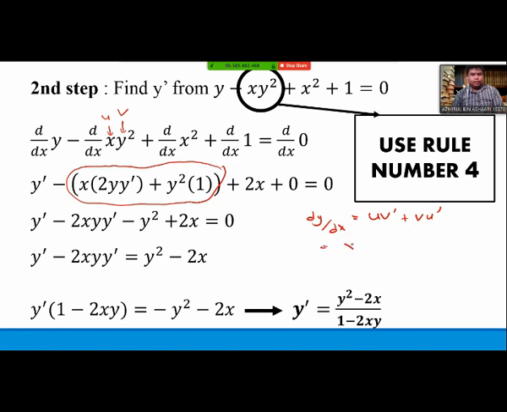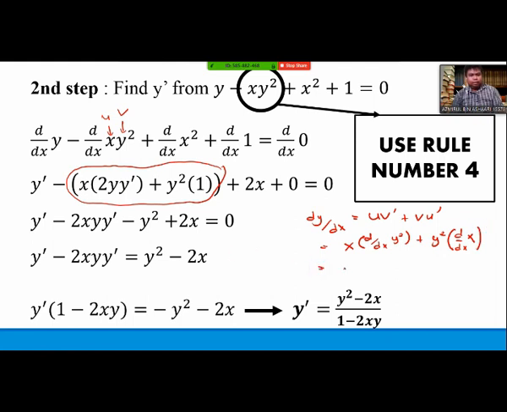u is x and v prime, you need to differentiate y squared, d dx of y squared, plus y squared d dx of x. Okay, differentiate for x.